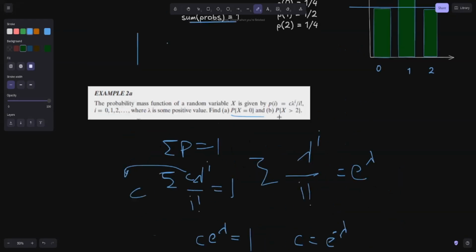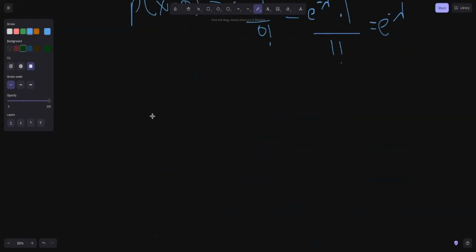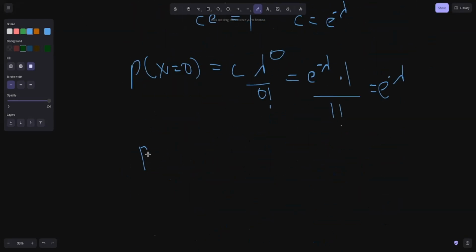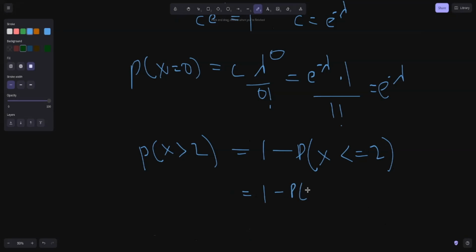Now P(X > 2). I'm solving this fast, I think this is very intuitive. P(X > 2) is 1 minus P(X <= 2), right? So that is 1 minus [P(0) plus P(1) plus P(2)].